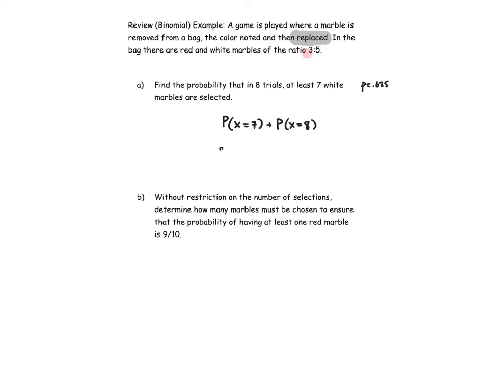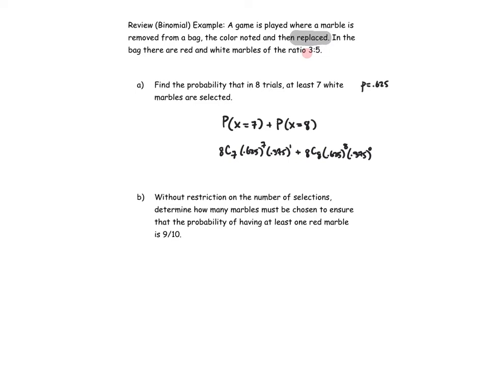So this would be 8 choose 7, 0.625 to the 7th, and 0.375 to the 1st. That would be the probability X equals 7. The probability X equals 8 is 8 choose 8, 0.625 to the 8th, 0.375 to the 0. Now, that's labor intense. We don't want to do that.